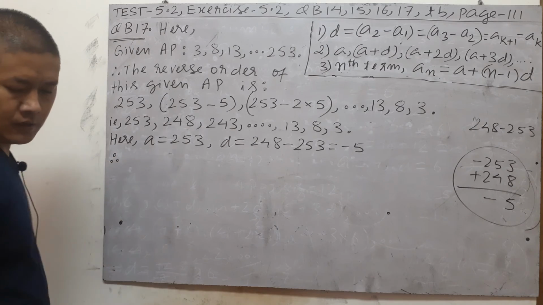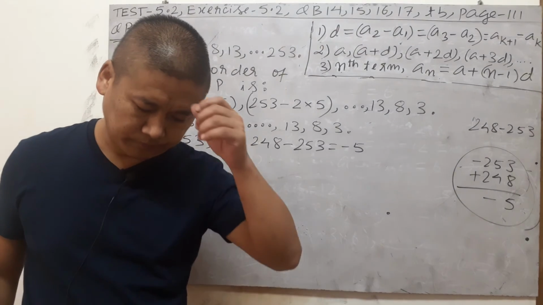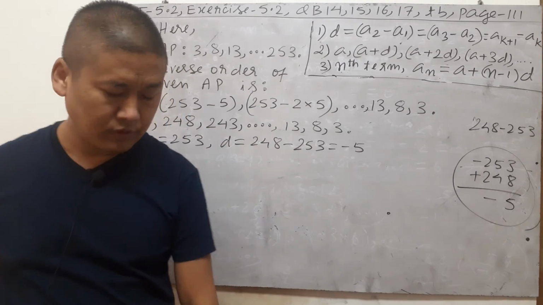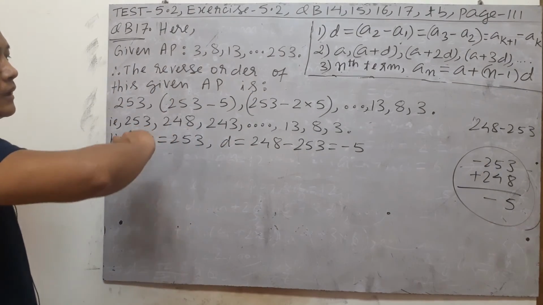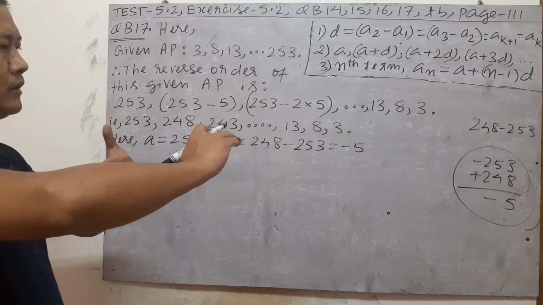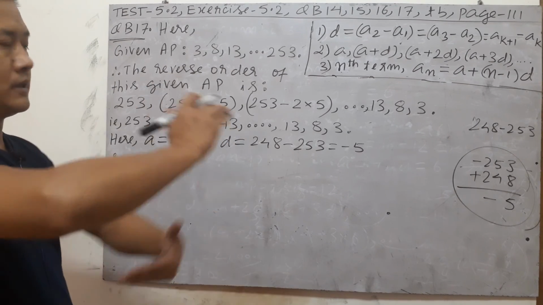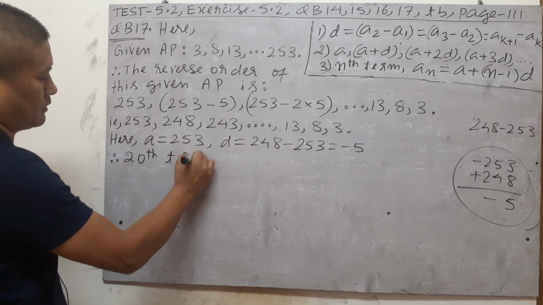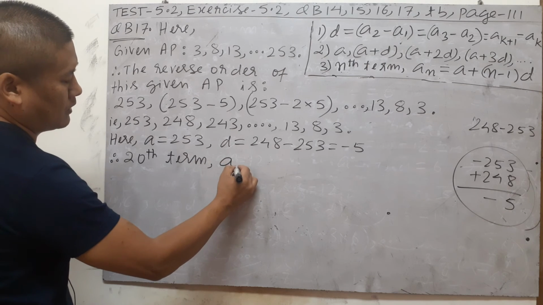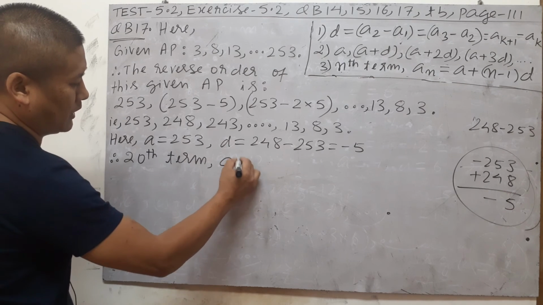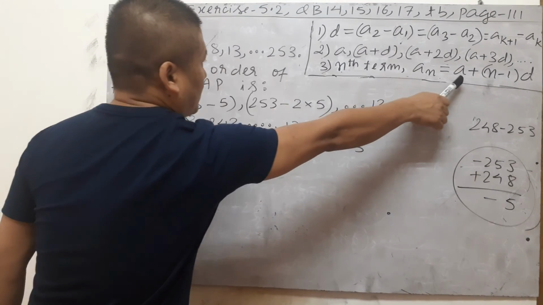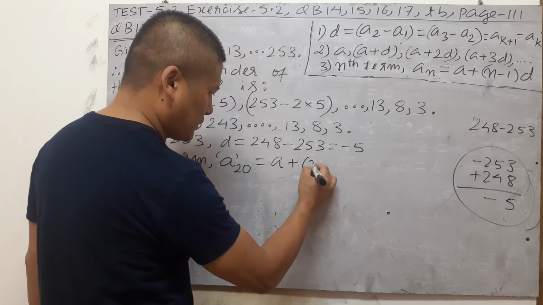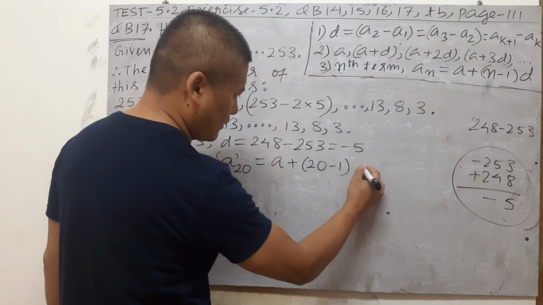Therefore, go back to the question: determine the 20th term from the last term. The 20th term from the last term means the 20th term of the reverse AP. So the nth term formula: A20 equals A plus n minus 1 into d, that is 20 minus 1 into d.